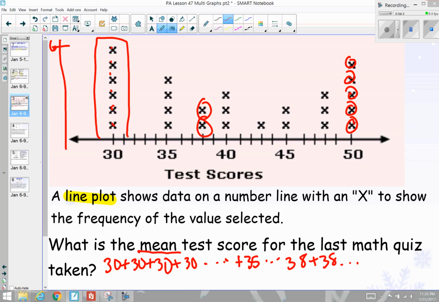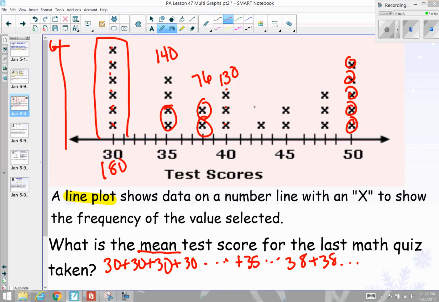Certainly, you could multiply. If there are 6 30s, that would be 180. Two 35s put together make 70, so 4 35s would be 70 and 70, which is 140. Then we have 2 38s, which would be 76, and 3 40s, which is 130.